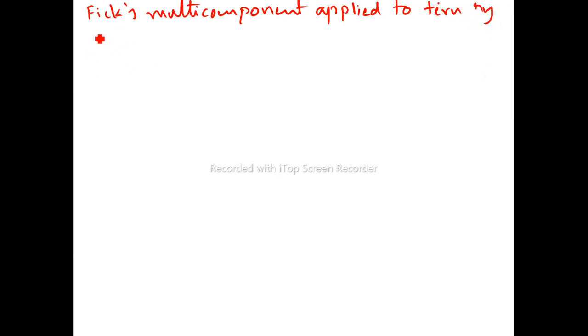Fick's law for a multi-component system applied to a ternary alloy.